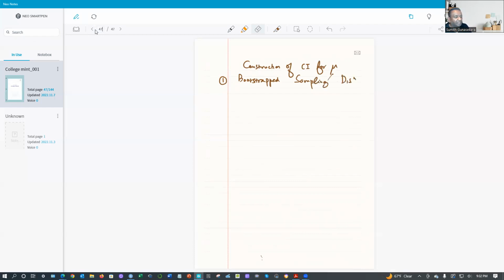Or we can call that a bootstrap confidence interval. So we can go ahead and bootstrap.